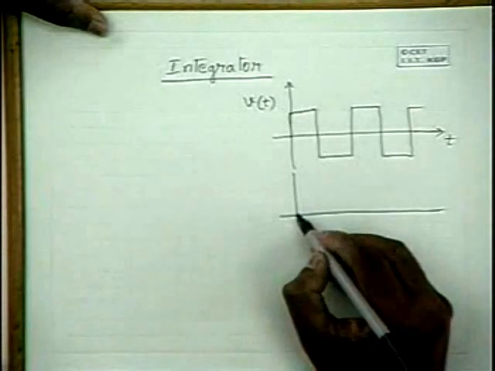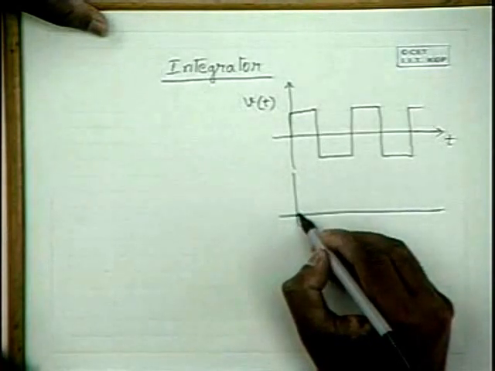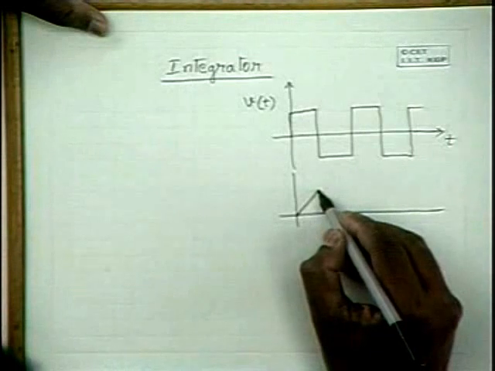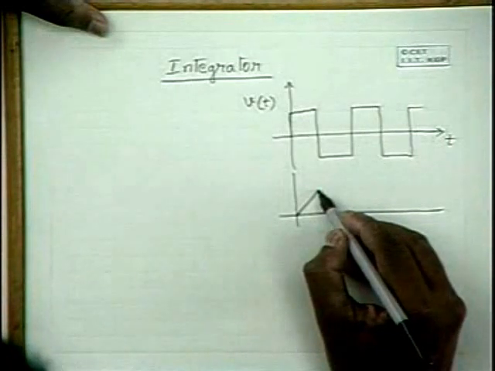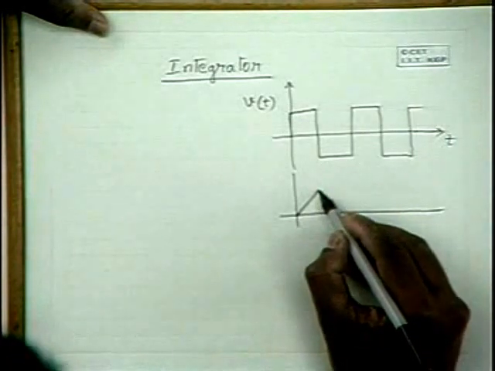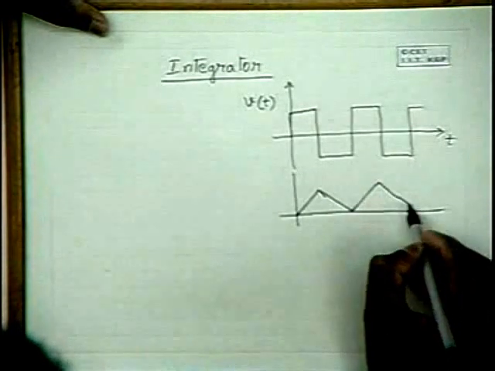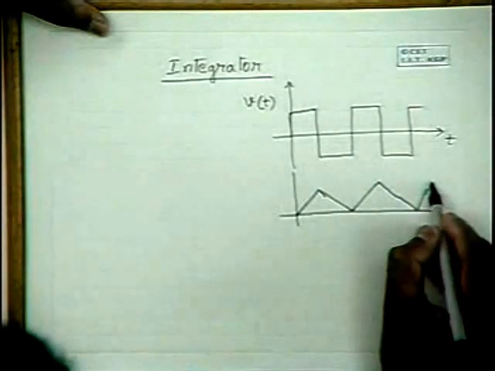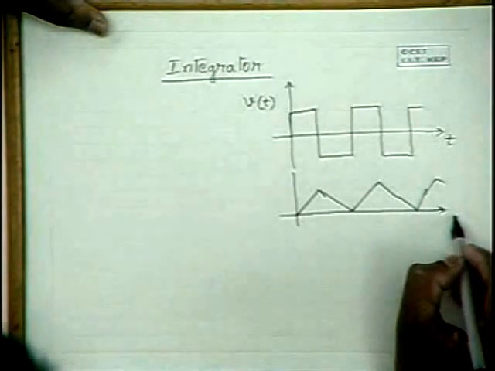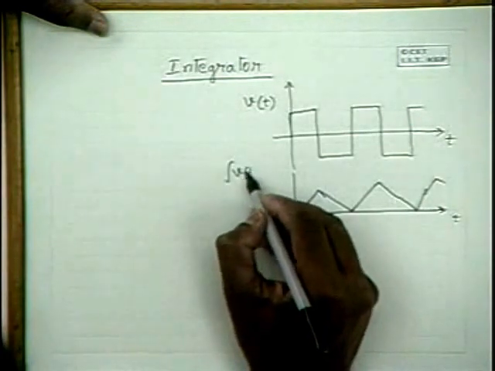And if you integrate this waveform, you will naturally get an output of this type. So with time, this is equal to the integration of V(t) dt.